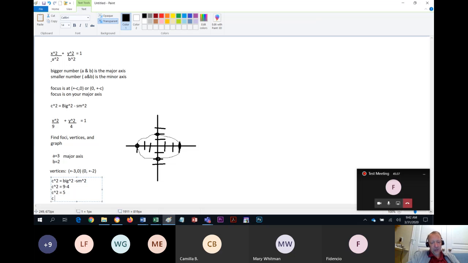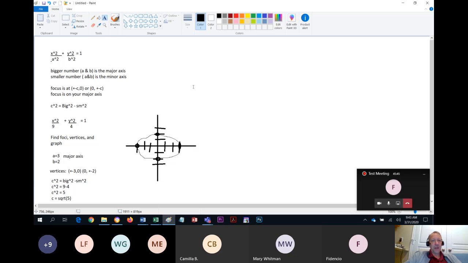So c equals the square root of 5. Now, if I'm to draw my foci on the graph, we know that 2 squared is 4 and 3 squared is 9, so it's in between 2 and 3.